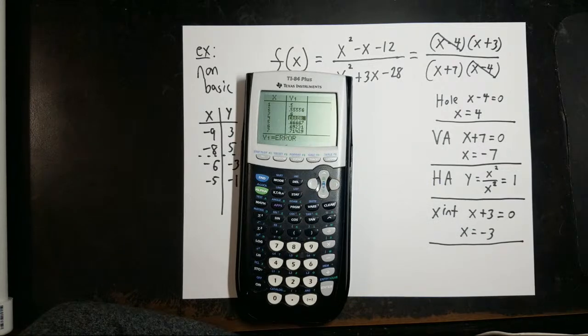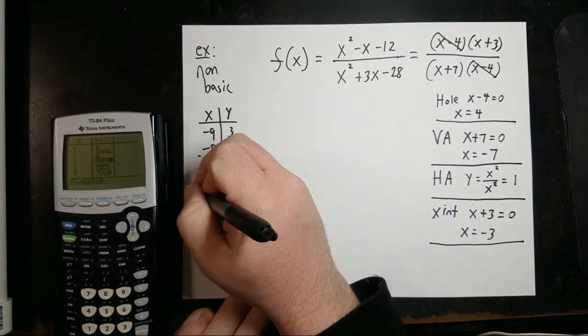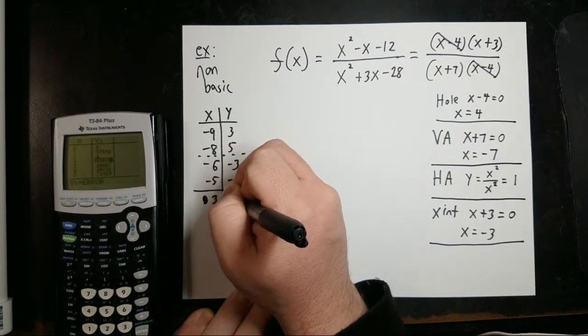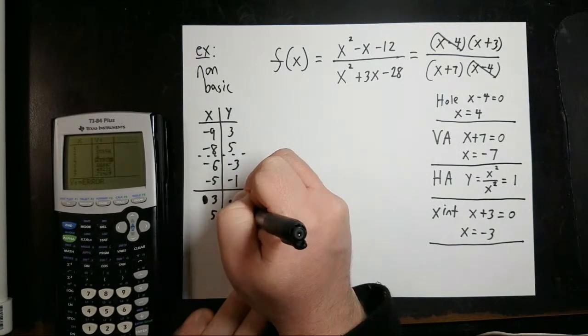It may be important to recognize where that hole is supposed to be. Perhaps I need to just do something like this: positive 3.6, positive 5.67.